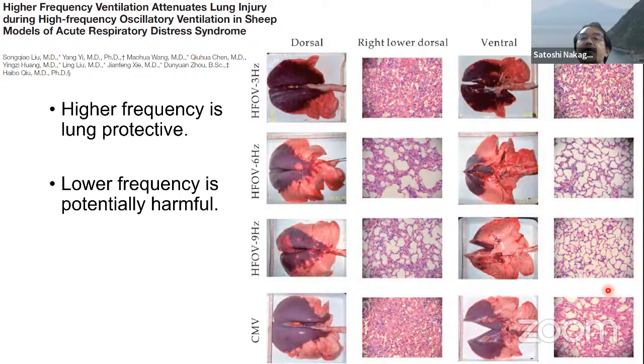And if you look at the conventional mechanical ventilation and the HFO with 3 hertz of frequency, the lung is not well protected. So a higher frequency in high-frequency oscillation is lung protective. However, on the other hand, a lower frequency is potentially harmful even in the high-frequency oscillation.